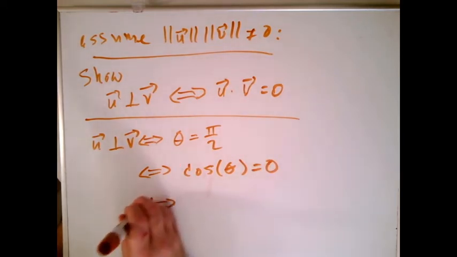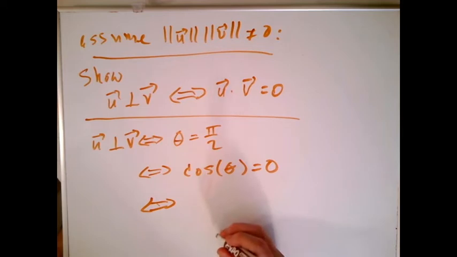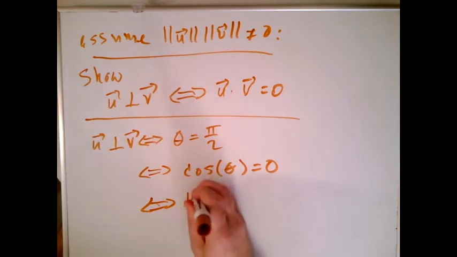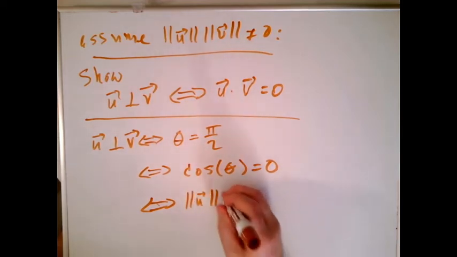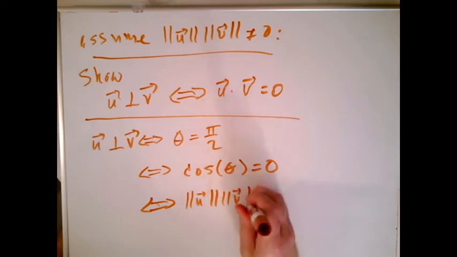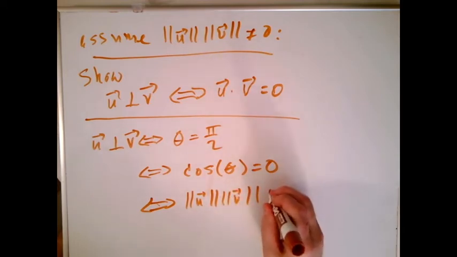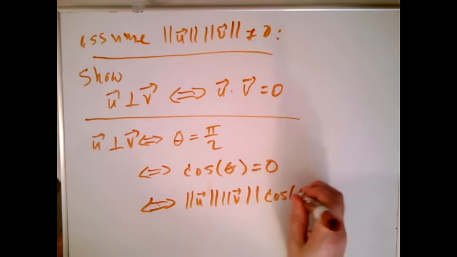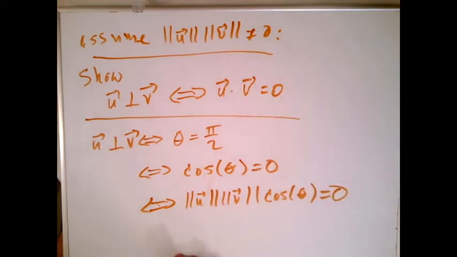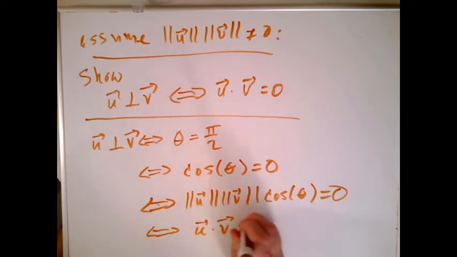And now I can multiply both sides by the non-zero length of u, length of v. Since length of u, length of v is not 0, this step is reversible. I can go from this step to this step by dividing by length of u, length of v. And that's true if and only if, well, that's the definition of dot product. So u dot v equals the 0 number. And the reasoning goes both ways.